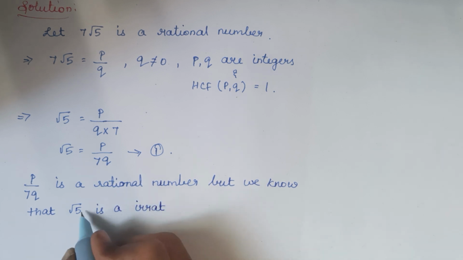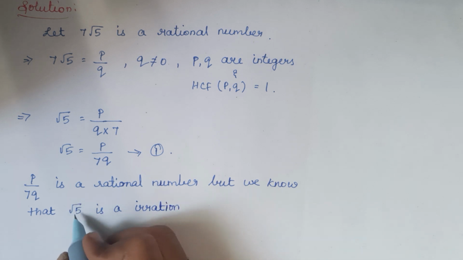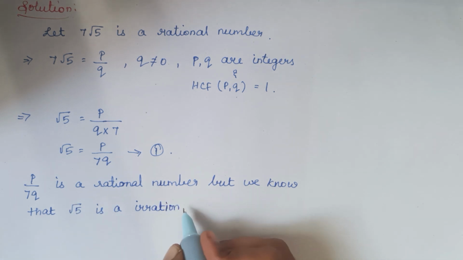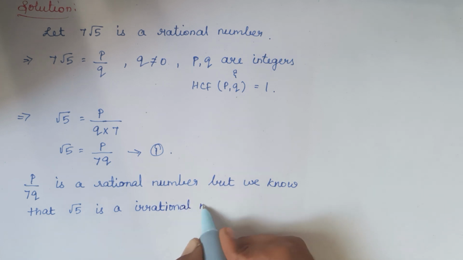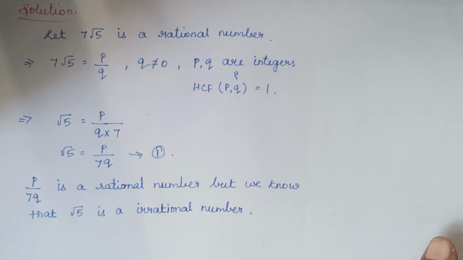Okay, 5 is a prime number under the root, so root 5 is considered an irrational number. Already we know that.